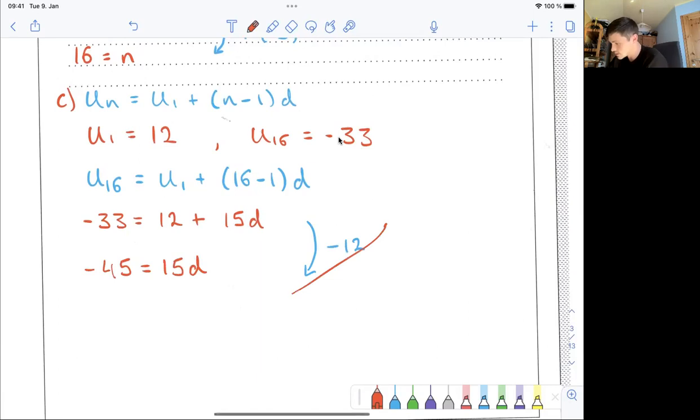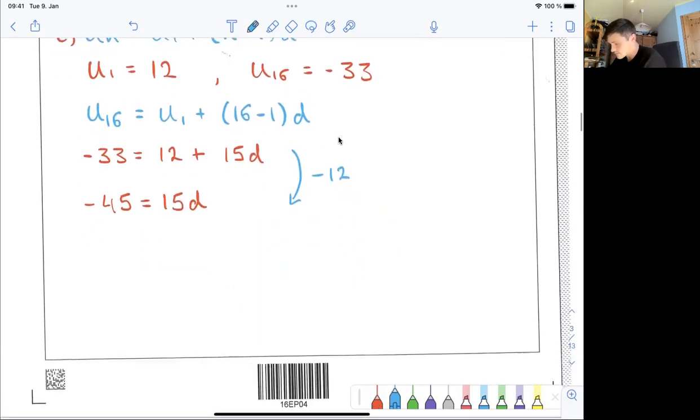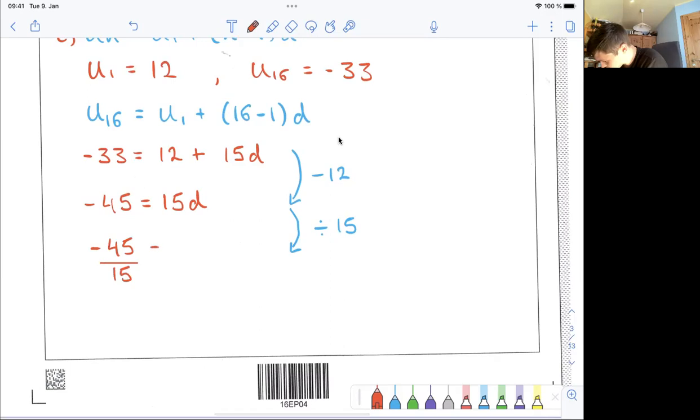And then my next step is going to be to divide both sides by 15, and that will get rid of the 15 from the common difference d. So that's going to give me negative 45 over 15 is equal to d, and we can conclude, therefore, d is equal to negative 3.